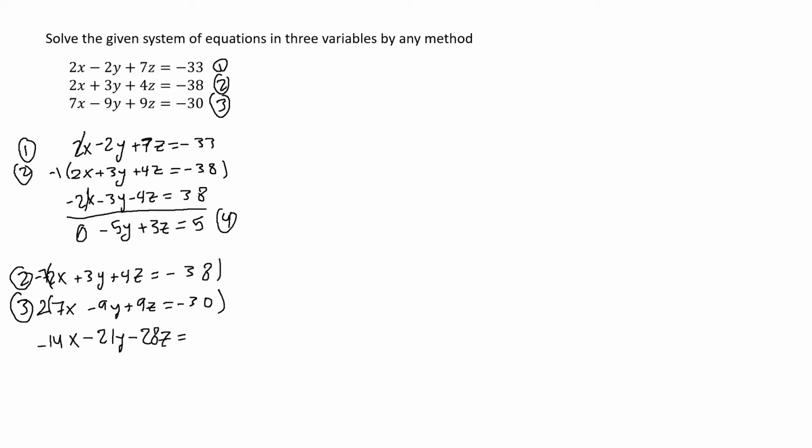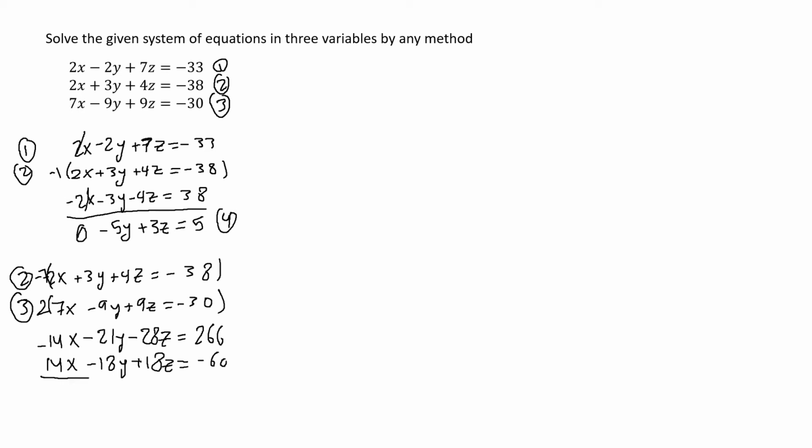And negative 7 times negative 38, let me double check that, gives us 266. Now for the third equation, 2 times 7 is 14x. 2 times negative 9 gives us negative 18y. 2 times 9 is positive 18z. And 2 times negative 30 is negative 60.